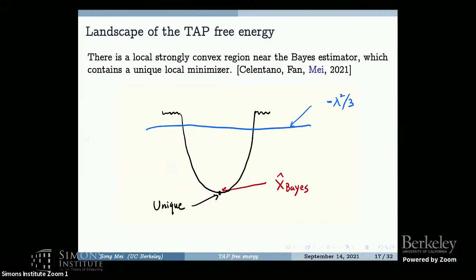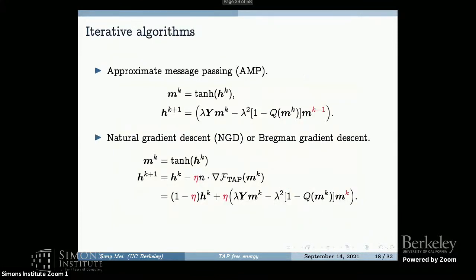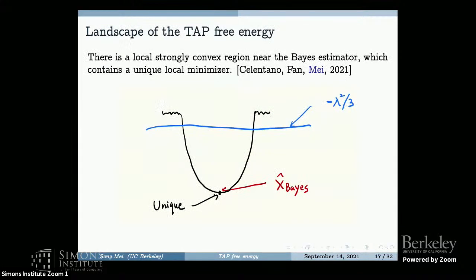We show that near the Bayes estimator, there is actually just a unique local minimizer. There are not so many local minimizers even in this neighborhood. Okay, so this is the result for the landscape of the type free energy.